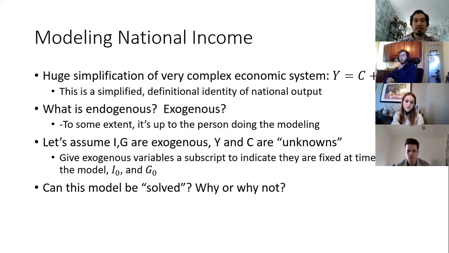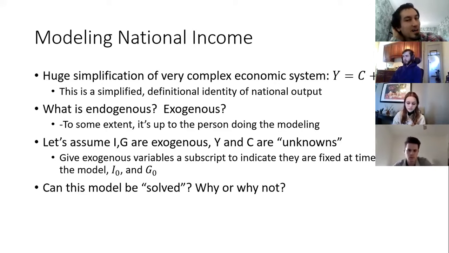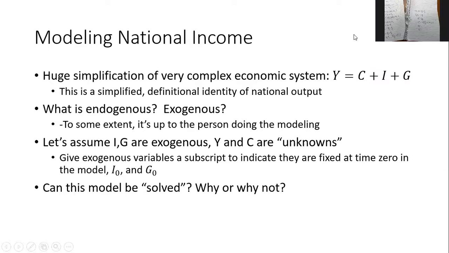We only have a few minutes left, but let me bring up this national income model because that's also on your homework. The national income model is a macroeconomic simplification of a bunch of different stuff. It says the total output of our economy, measured in dollars of goods and services produced, is equal to C plus I plus G. Y is total output, C is consumption, I is investment.